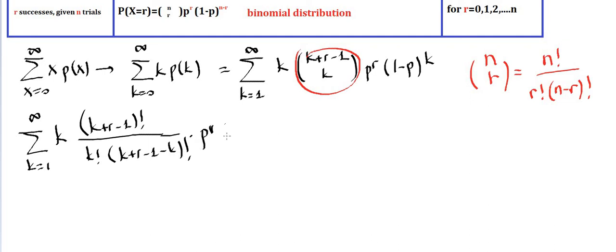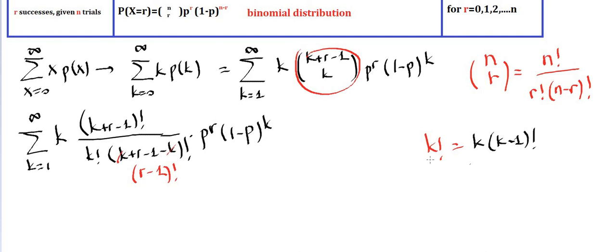And we have p to the r, 1 minus p to the k. Now k cancels k, we are left with r minus 1, the quantity factorial. Now we're going to expand k factorial as k times one less from k, k minus 1, quantity factorial. This is by the definition of factorial.